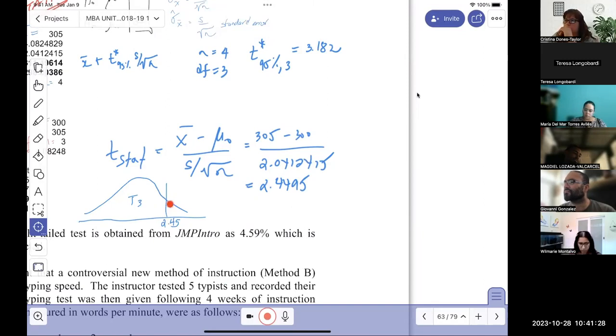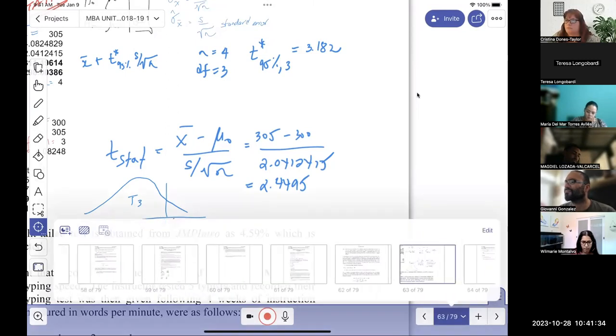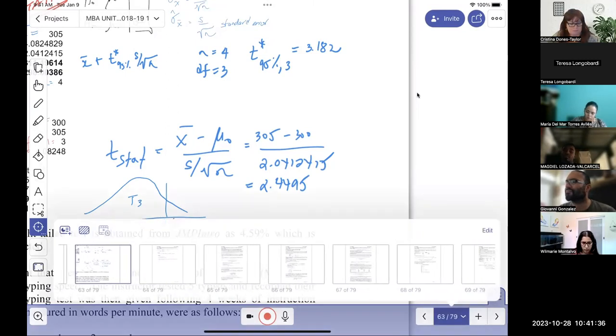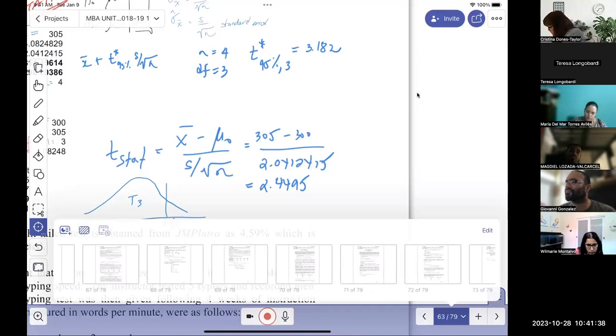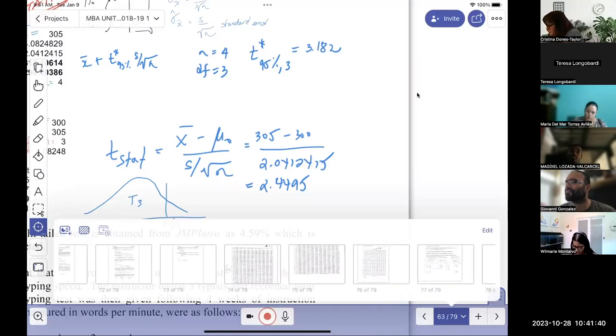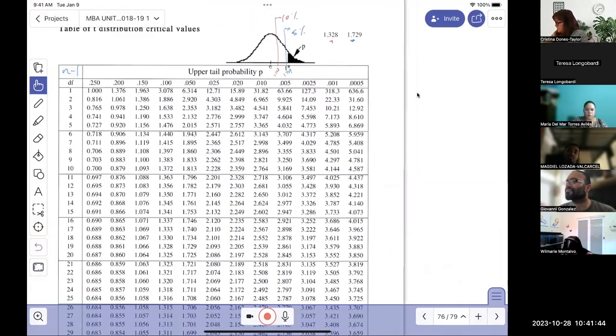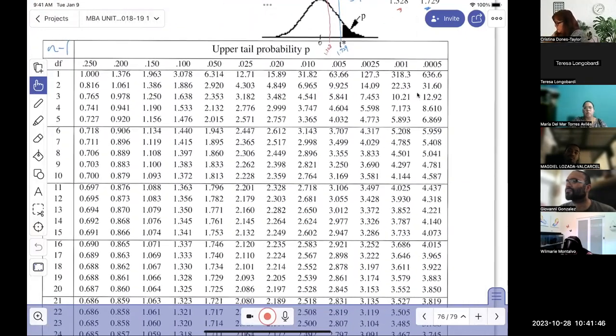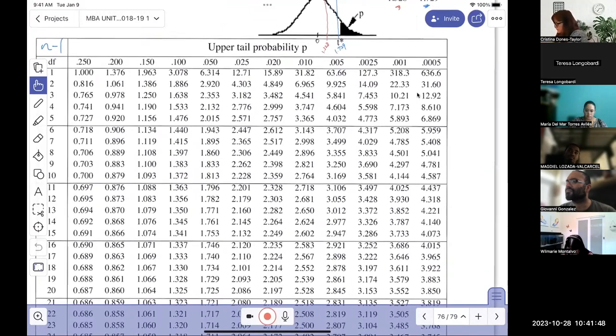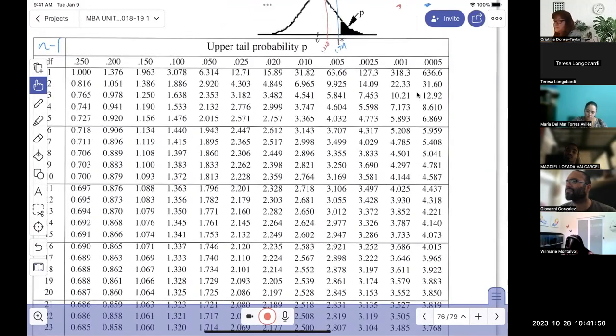Is it between two values, or do you find it exactly on the row? So it's between 2.5% and 5%.